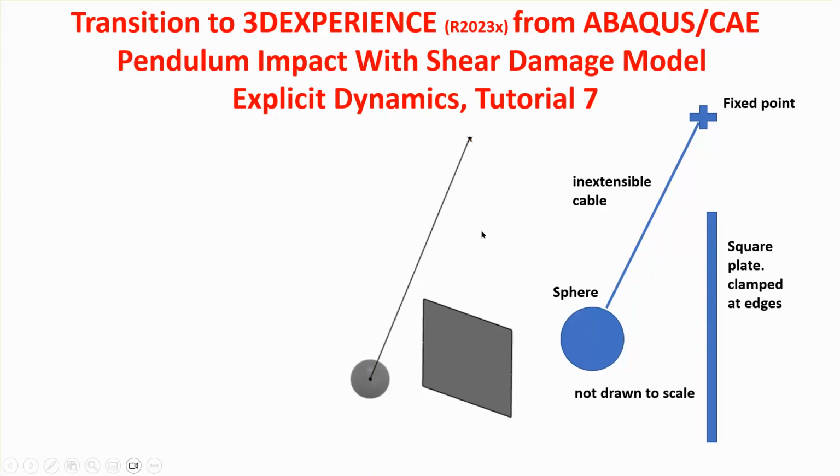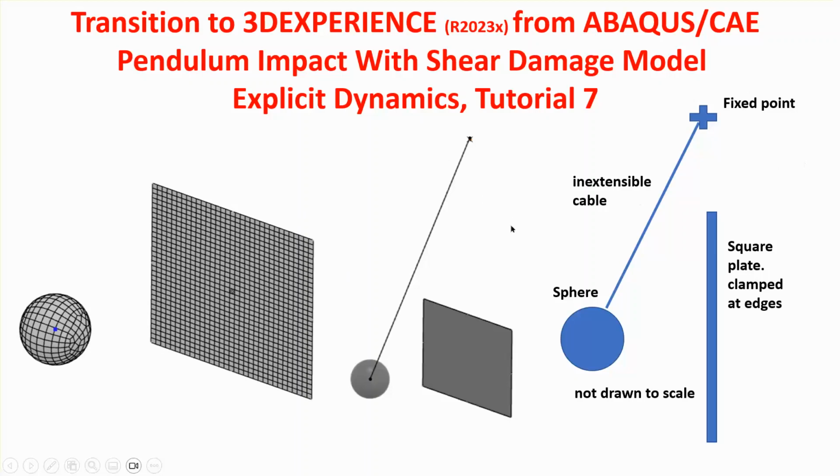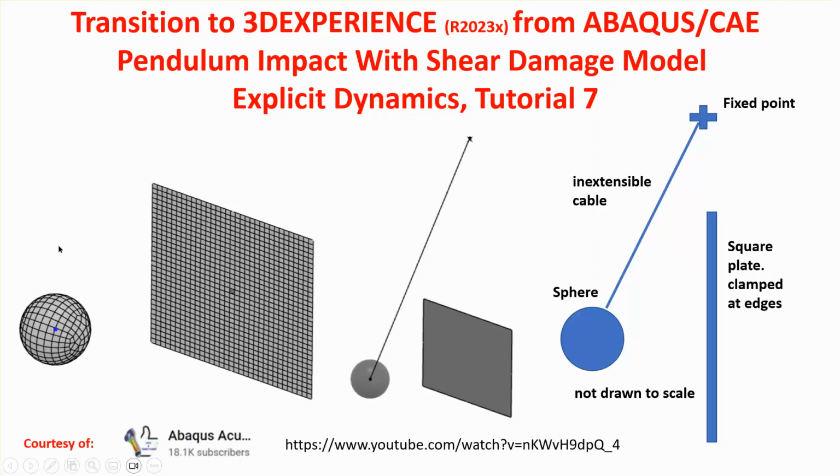Except that here it's easy; you get the illusion that it's coming from a distance and actually hitting the plate. And there is the shell mesh of the plate, and of course the dummy shell mesh of the sphere.